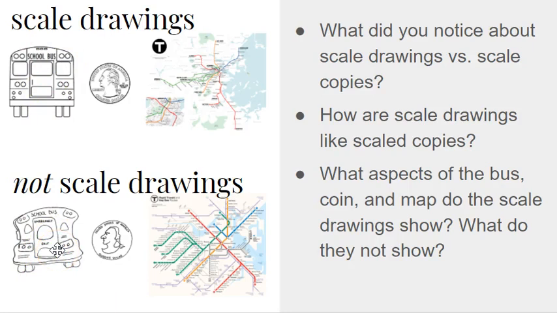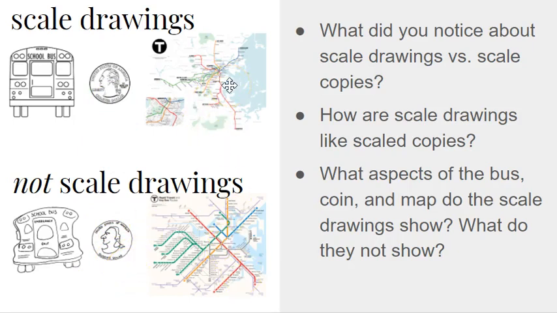However, it's not the same as the bus. Quarter, if we're talking about a scale drawing, we have another drawing here of a quarter. And while it does have the general shape and the general parts, it is not everything in the same scale. And same with these other ones.